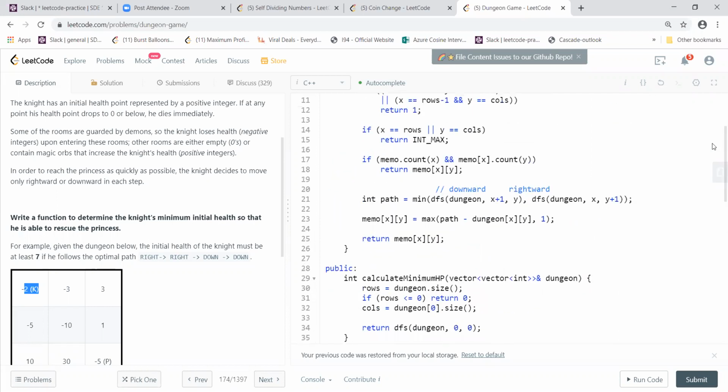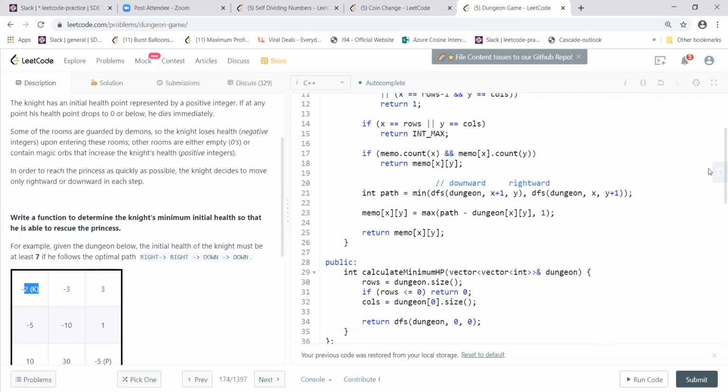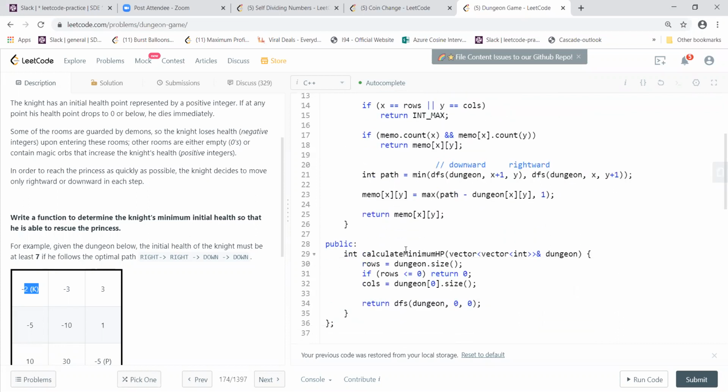So this is the DFS approach, and this is our entry function. This is where I calculated the rows and columns, and then this is the DFS function, and I'm passing these two parameters as a starting point because it's the 0th location.